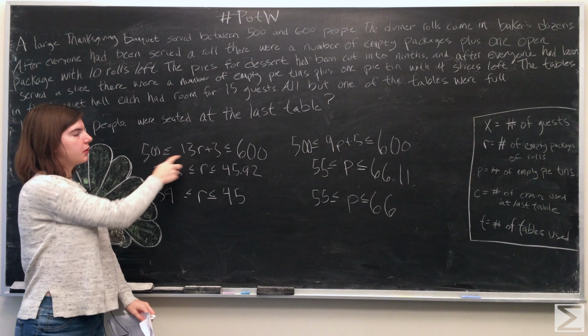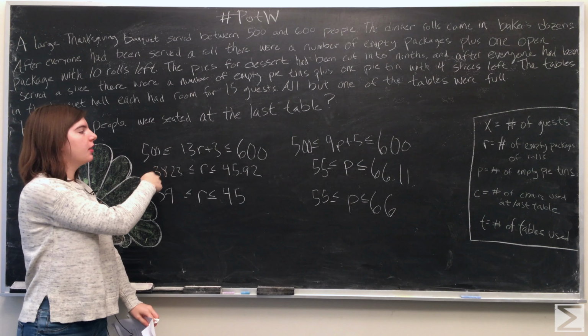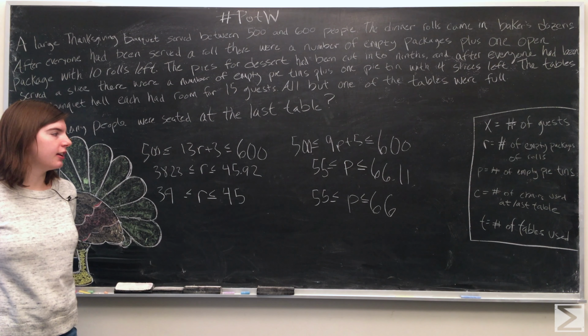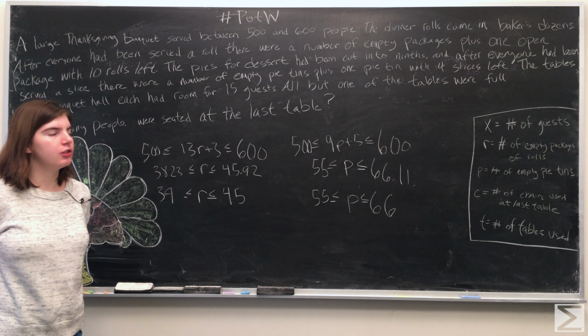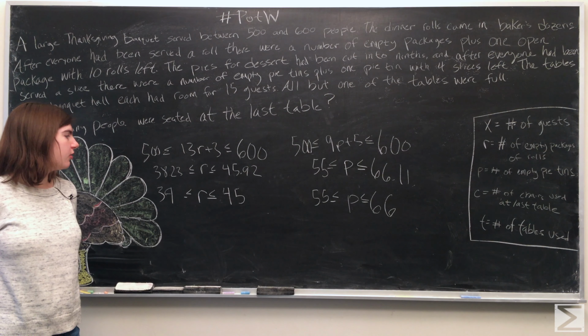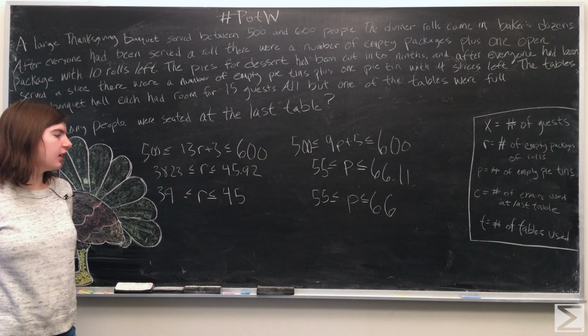We subtract 3 from both sides and then divide both sides by 13, and you have that r is between 38.23 and 45.92, but the number of packages of rolls has to be a whole number, so we'll say that r is between 39 and 45.